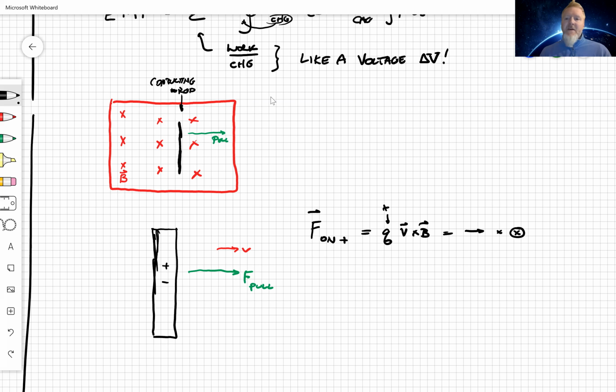So it's fingers with the velocity this way, curl with the field that way into the page. For you, it looks like I'm curling at you, but for me, I'm curling into the page. And then the thumb would point the force on the plus charge. So the force on the plus charge must be going upwards.